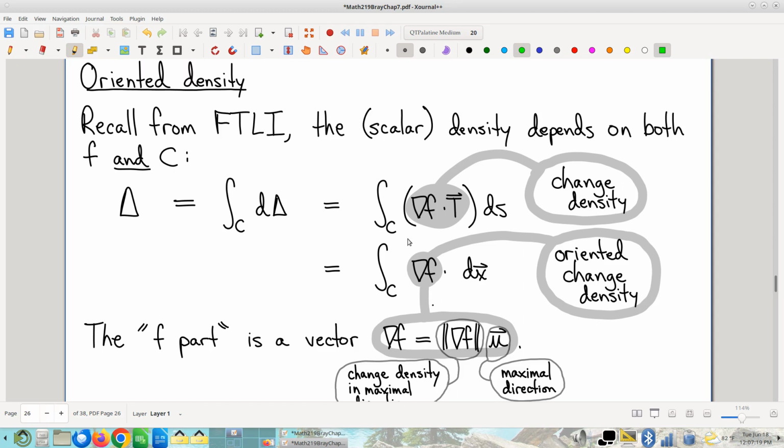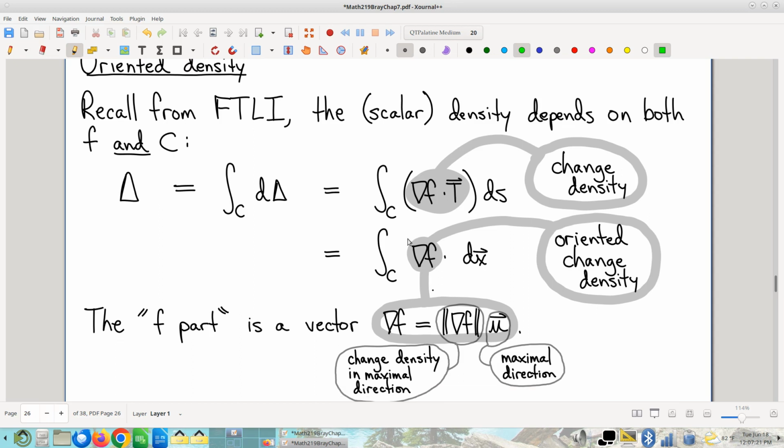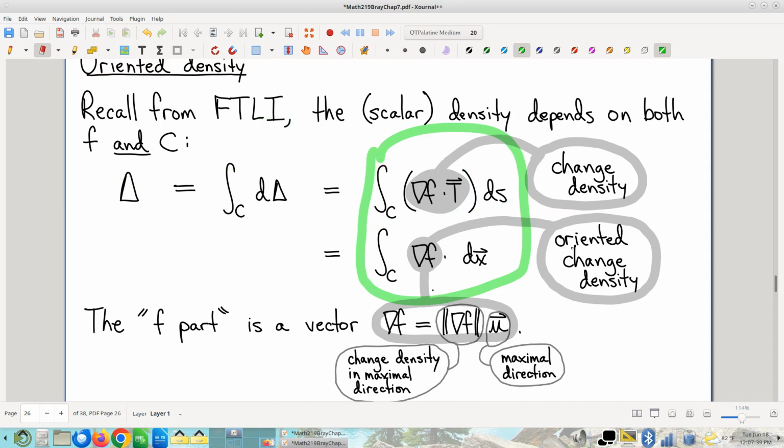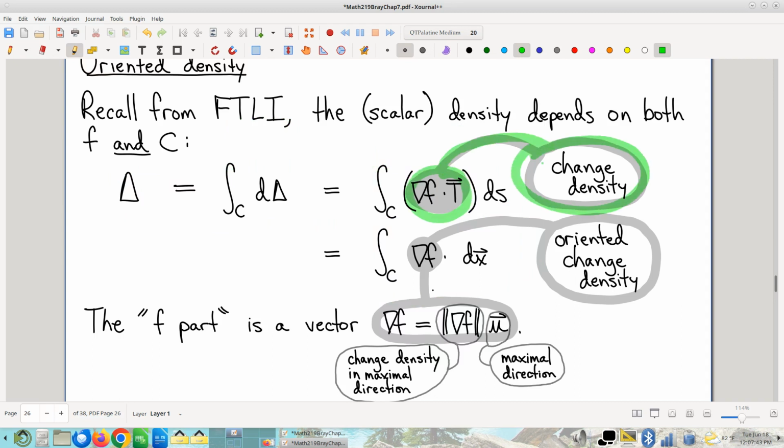But anyway, flashback to the fundamental theorem of line integrals. Old news. We wrote this down. Then we observed that T ds is dx. And then I made this observation that this is the very simple idea of change density.